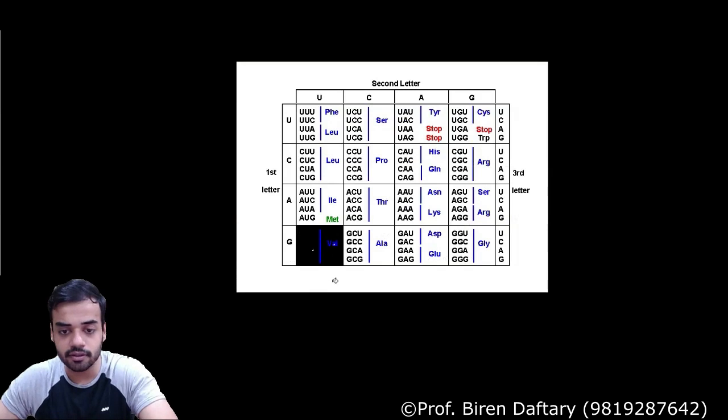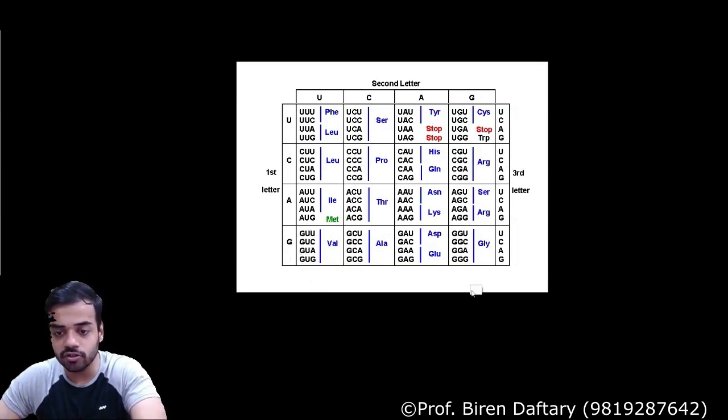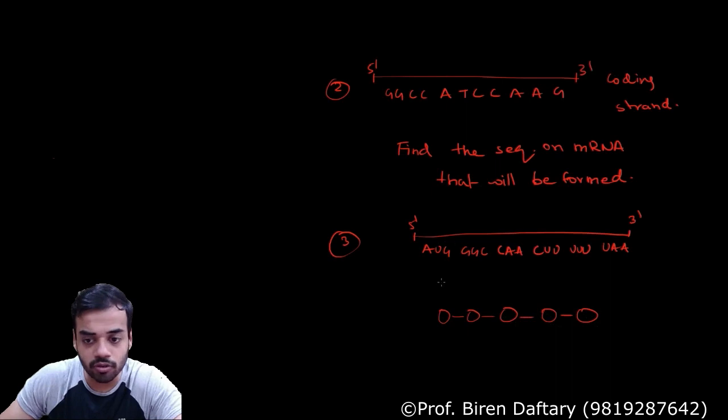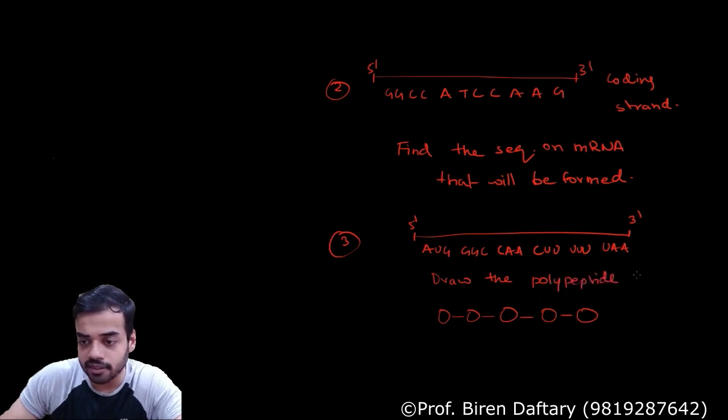G over here, then second G over here, C, so glycine, and so on, but here it will be stopped. So you have to draw the polypeptide chain formed after translation. You just have to show it.